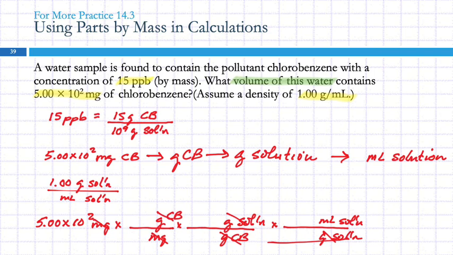So milli means 10 to the minus 3. Grams of solution, that's 1 billion grams of solution contains 15 grams of chlorobenzene.